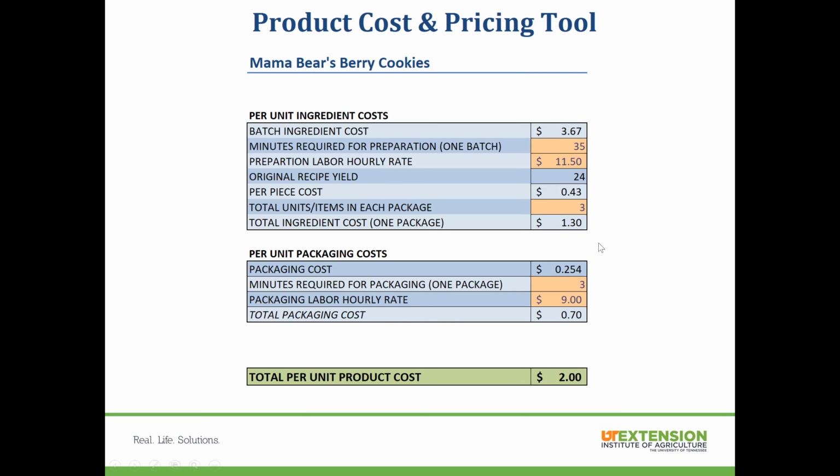If we're paying someone $9 an hour to do that, now our total packaging cost is 70 cents. That includes the time that it takes to put that packaging together. So our ingredient cost is $1.30 and our packaging cost is 70 cents. So actually, we've got $2 per unit, or per package of 3 cookies, in our costs.